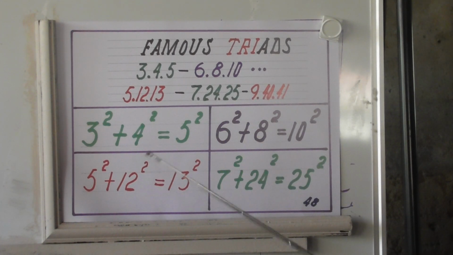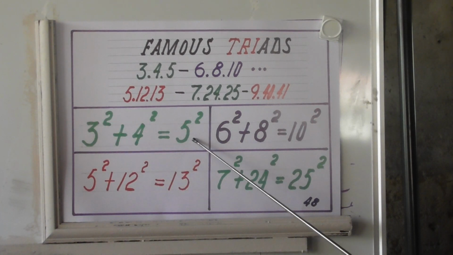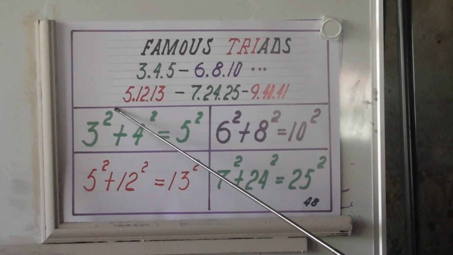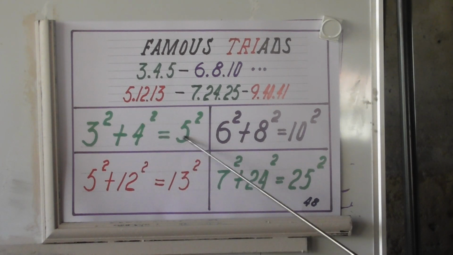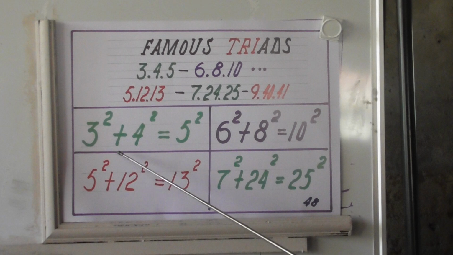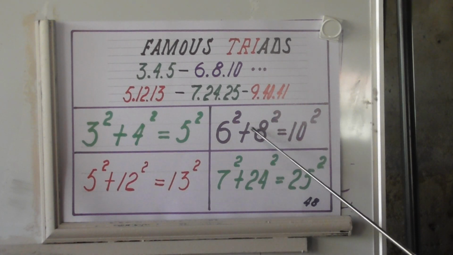That's amazing. That means that 3 squared plus 4 squared is 5 squared. This is 9 and 16 is 25. Yes. 25 and 144 is 13 squared.